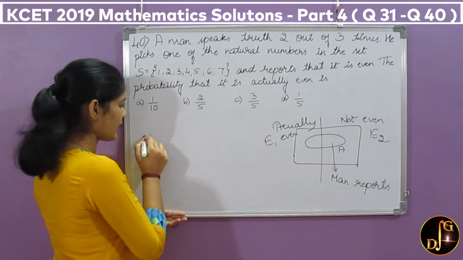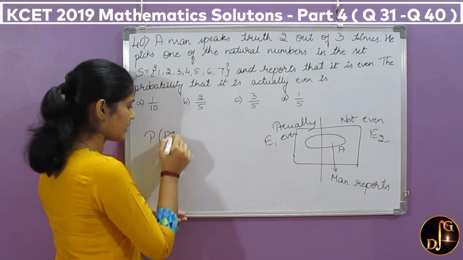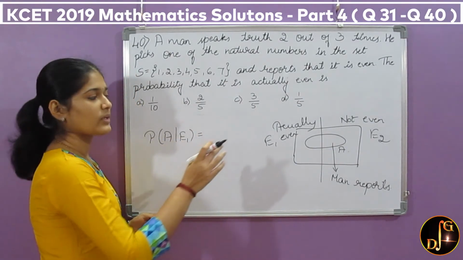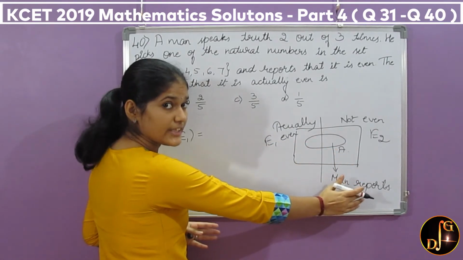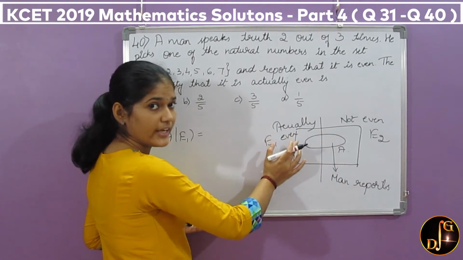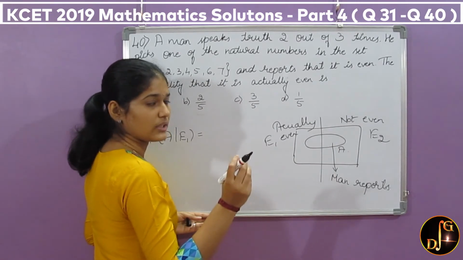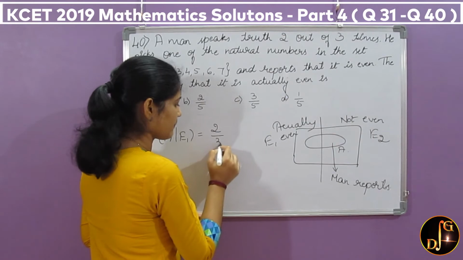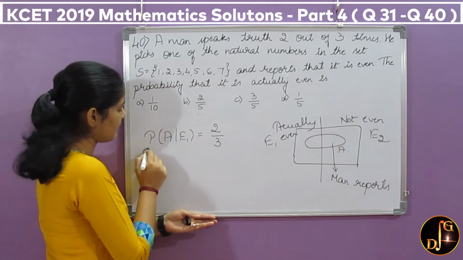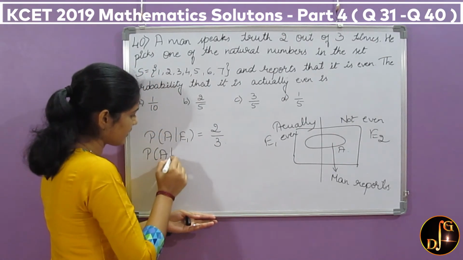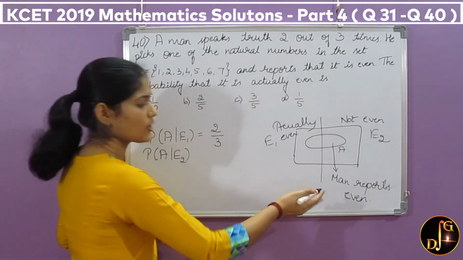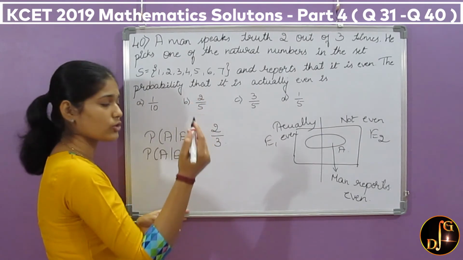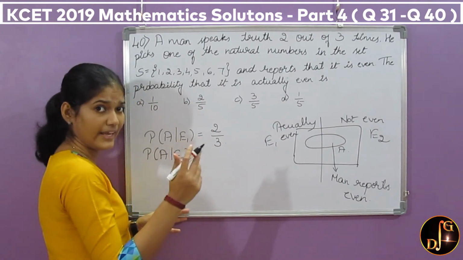Then probability of A given E1: the man reports it as even and it is actually an even number. That means he speaks truth. The probability of him speaking truth is 2 by 3. Right? And probability of A given E2: he reports it as even, but it is actually not even. That means he is lying.